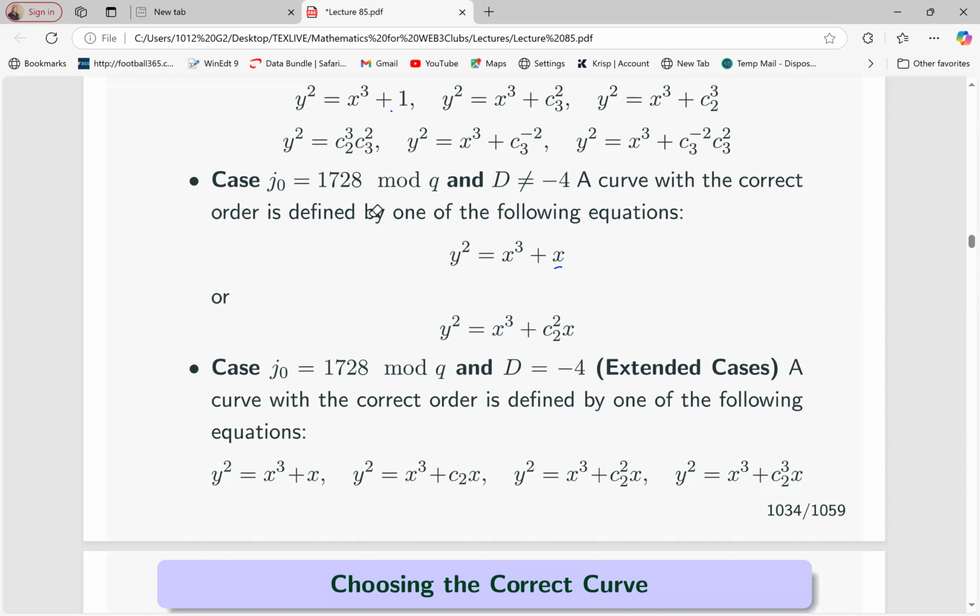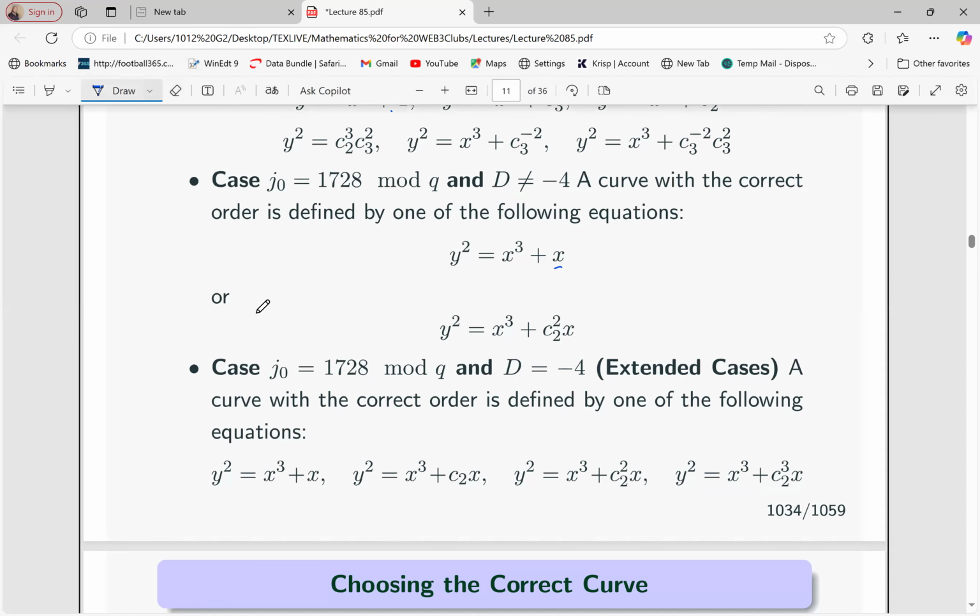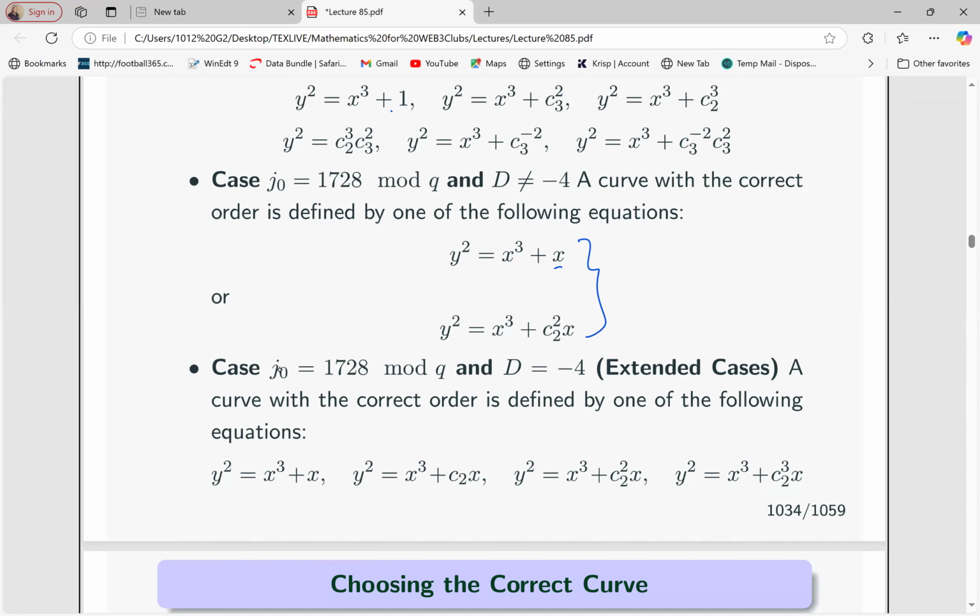Now, supposing you wanted 20 points, these forms will not all give you 20 points.